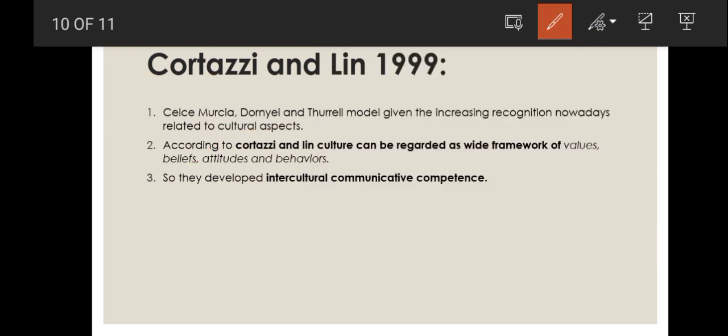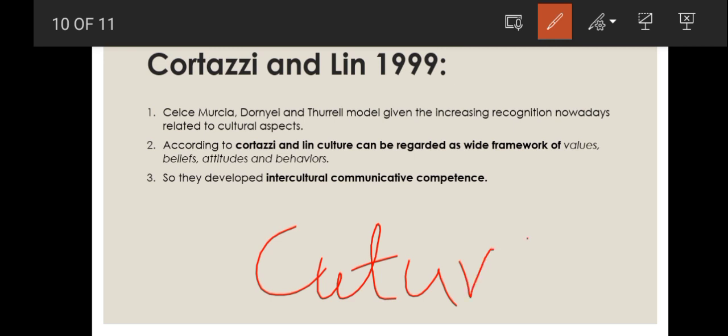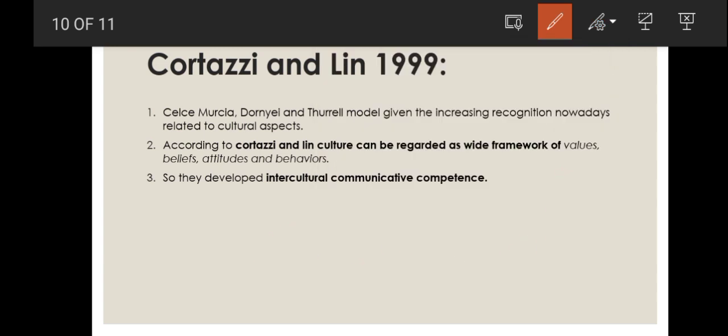Celce-Murcia, Dornyei, and Thurrell were not able to speak about the cultural context, but their theory gave rise to it. Now Lynn and Cortese are the ones who gave these competences. They totally discussed the cultural context through the relationship of intercultural communicative competence. You can see here also, they developed intercultural communicative competence.